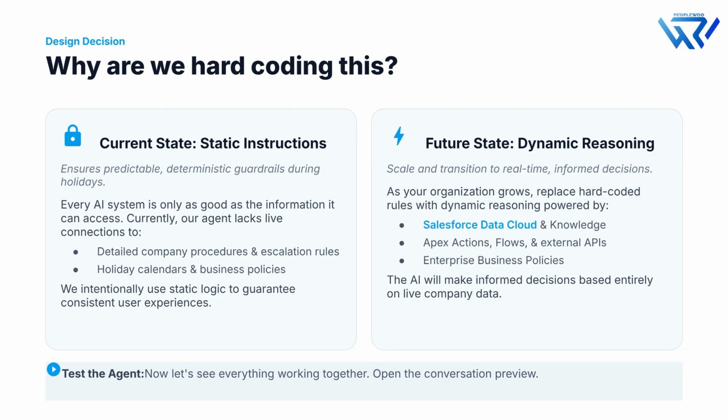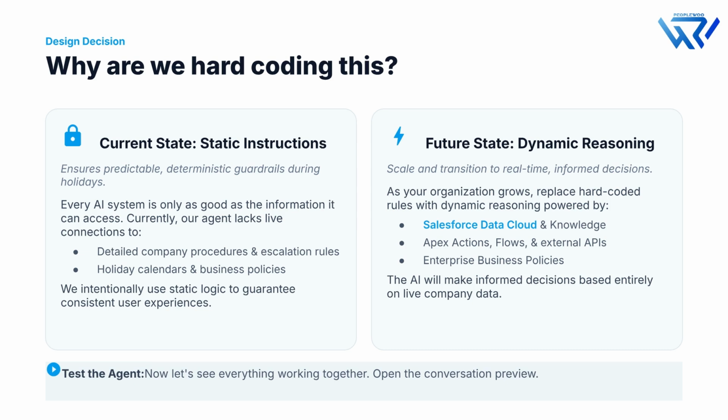Why are we hard-coding this? At this point, you might be wondering why we are hard-coding these instructions instead of allowing the AI to decide dynamically. The reason is simple. Every AI system is only as good as the information it has access to right now. Our AI does not have detailed company procedures, escalation rules, holiday calendars connected through external systems, or internal business policies. Because of that, we are intentionally giving deterministic instructions.